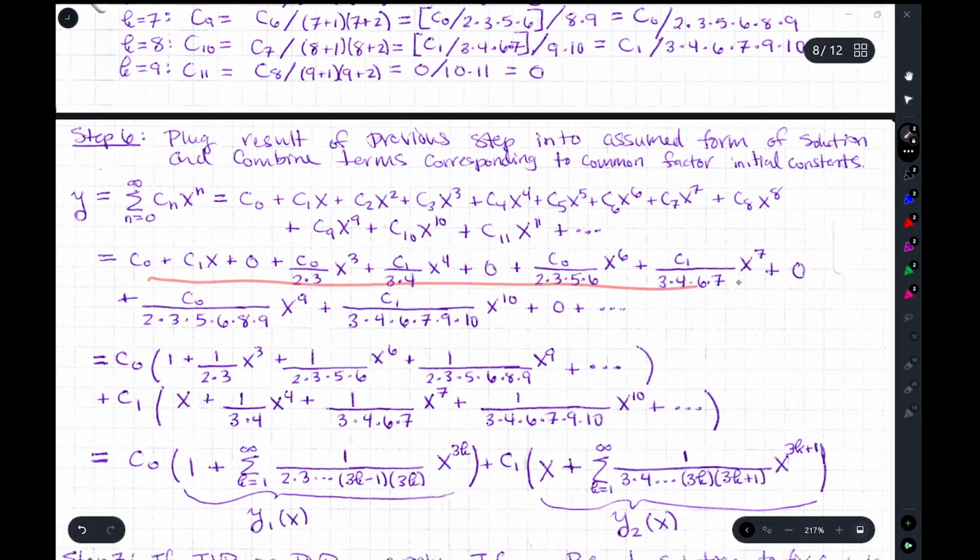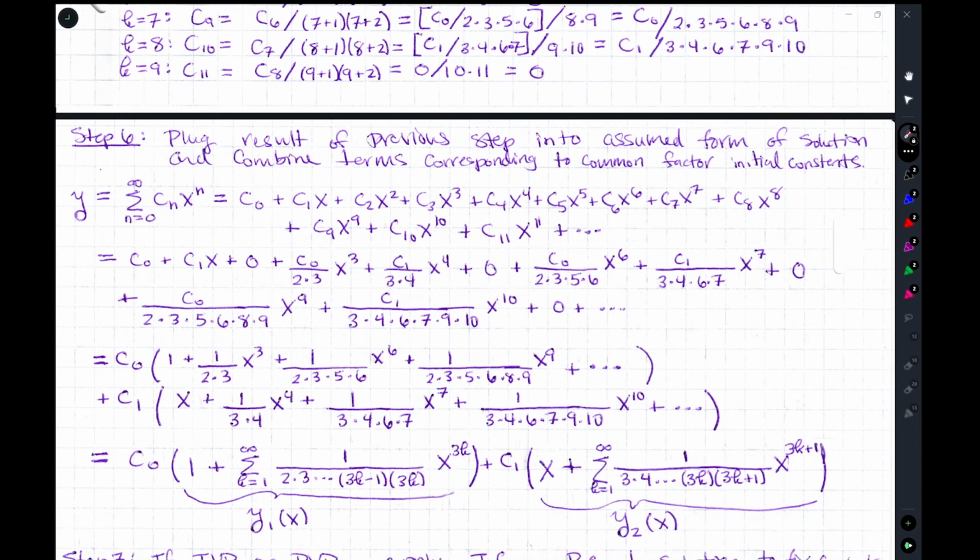Well, everything depends on either C1 or C naught, which is what we would expect from a solution that is composed of the two linearly independent functions. So I factor out a C naught from the terms that depend on C naught, and I factor out a C1 from the terms that depend on C1. And now I have these two.